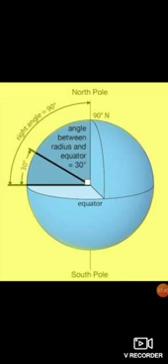Now, the equator is the 0 degree latitude, and all the latitudes on the north of the equator will be written as degree north, and all the latitudes on the south of the equator will be degree south. Now, what is so special about this? You have to remember that the equator is the 0 degree latitude.